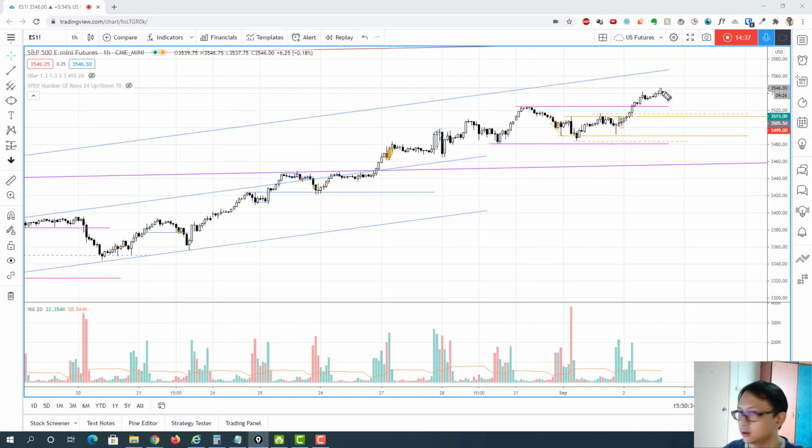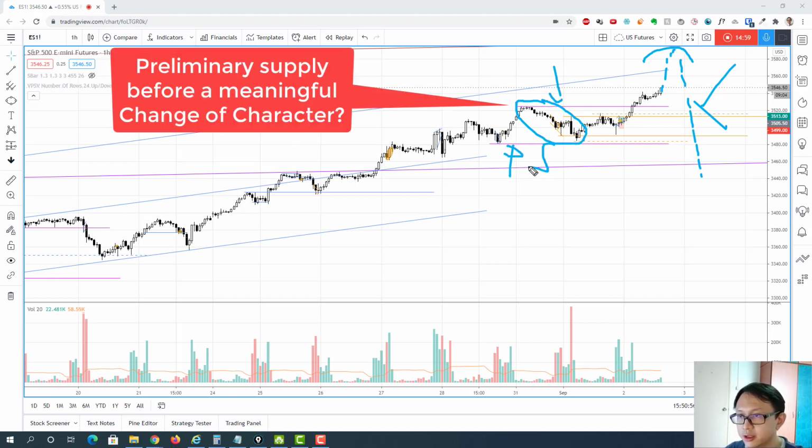So we're probably going to see something like this, acceleration to hit the overbought here of this up channel, followed by a more meaningful change of character. So this prior down wave that we have seen could be the preliminary supply that's before a meaningful change of character to kick in.